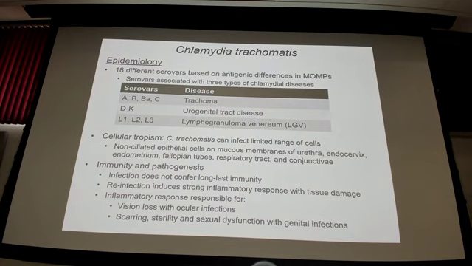So they have specific cell ranges that they can infect. Mucosal membranes of the urethra, endocervix, endometrium, fallopian tubes, respiratory tract, and conjunctiva on the eyes, that really thin layer that protects our eyelids and the white surface of our eyes.